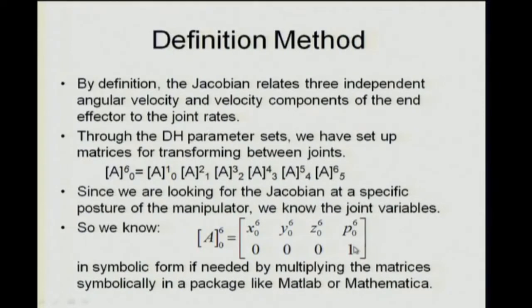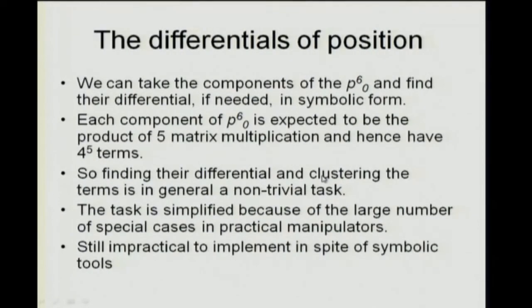We know what each individual matrix is, so we can multiply them, and I showed you in the class how you multiply two such matrices. So you can multiply all 6 and find P06, and then you take the partial derivatives and you are done.